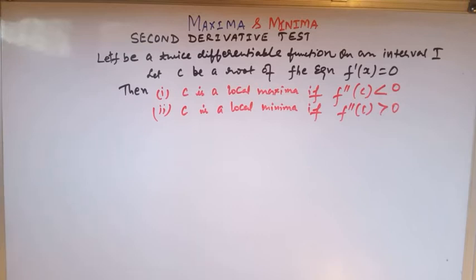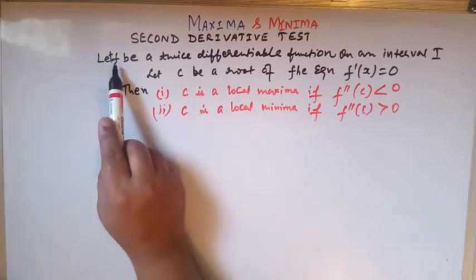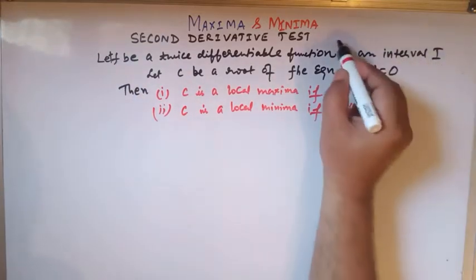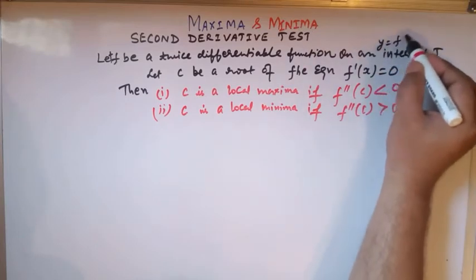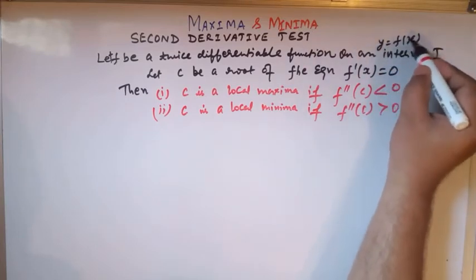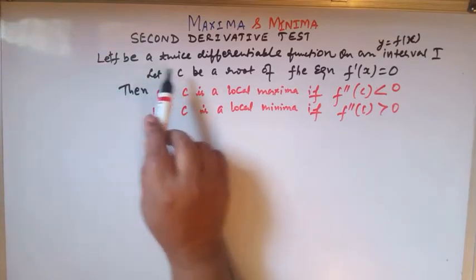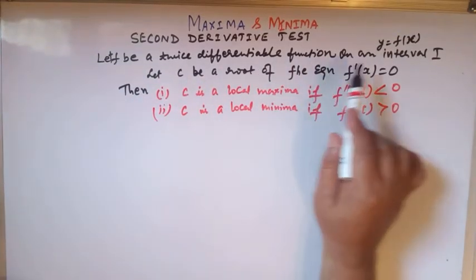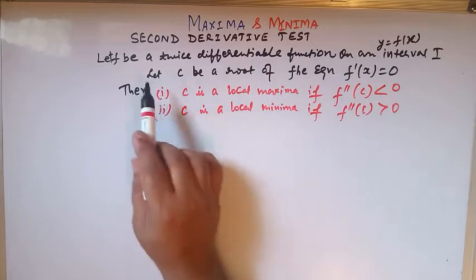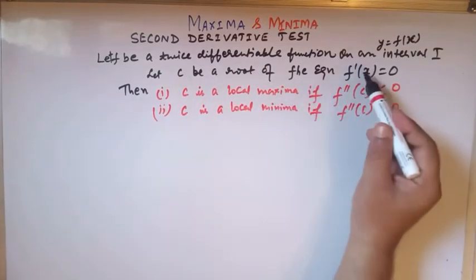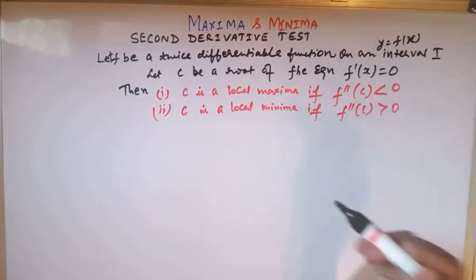So viewers, let y equal to f of x be a real valued function and let f be a twice differentiable function on an interval I. Let C be the root of the equation f prime of x equal to 0.